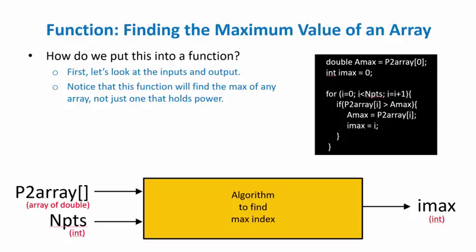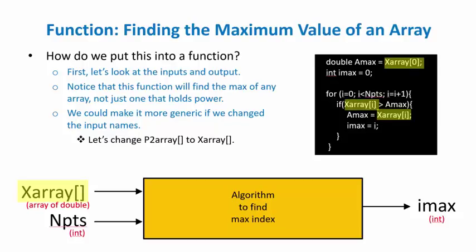We want to make this very generic. So this is where we start thinking about the names of the inputs and the outputs, and maybe we don't call it P2 array. Maybe we call it something more generic by changing the input names and maybe modifying some of the internal variables that we use.